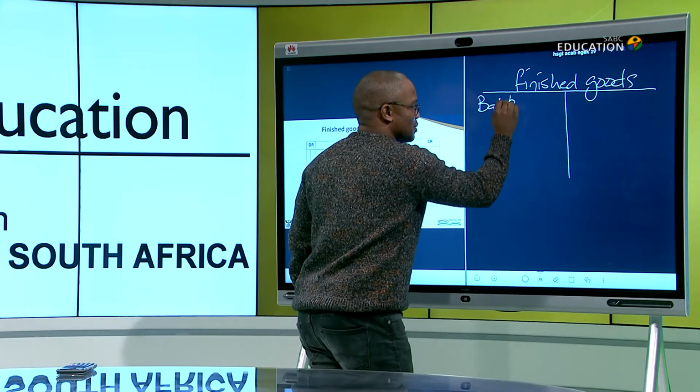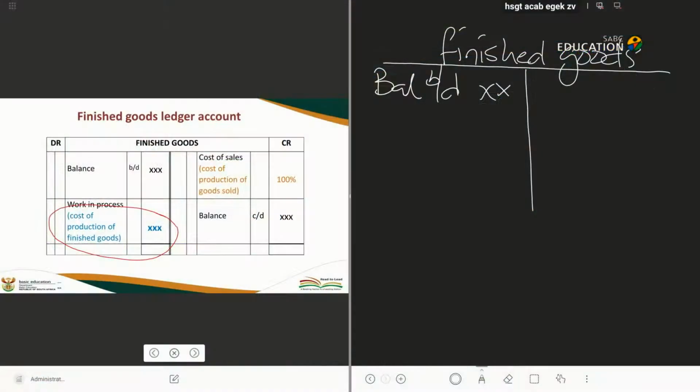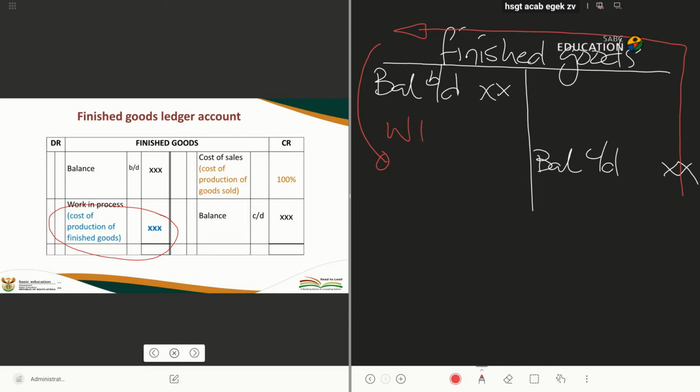If you have your balance brought down here as an amount, and you have your balance carried down as an amount, so when you turn this way, you must know that you are calculating the work in process, which is your total cost of production of finished goods.